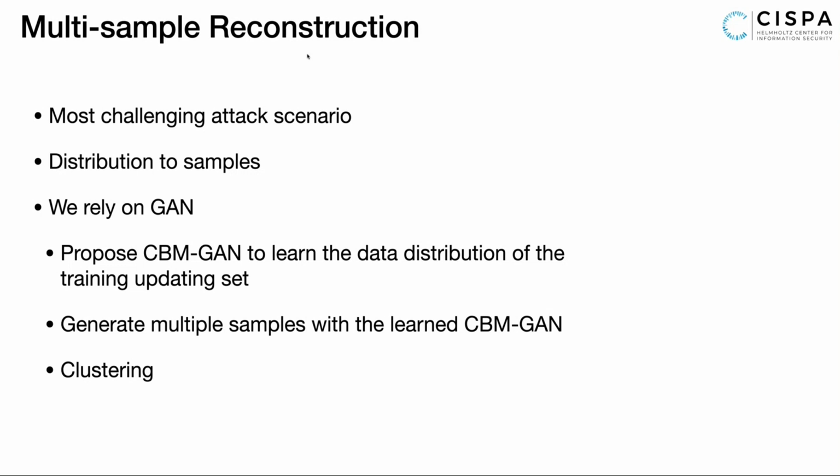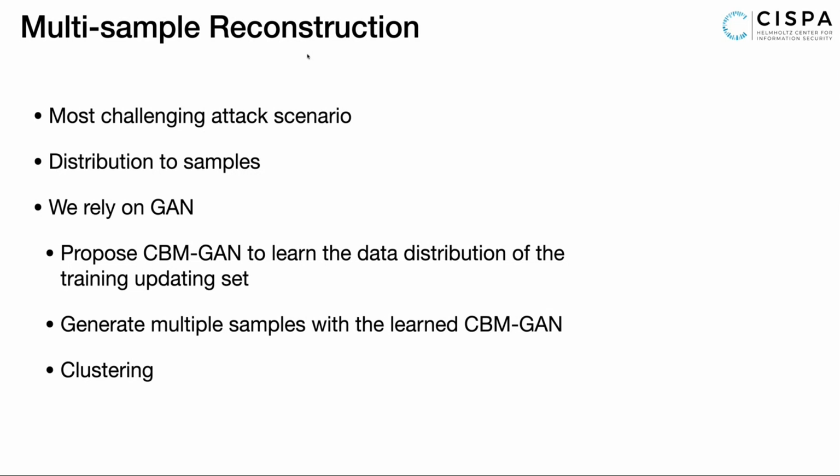Our goal here is for the attacker first to learn the distribution of the updating set. Once the attacker has the distribution, you can keep on sampling from this distribution. You get a lot of samples, and you do some post-processing like clustering to generate the exact updating set.